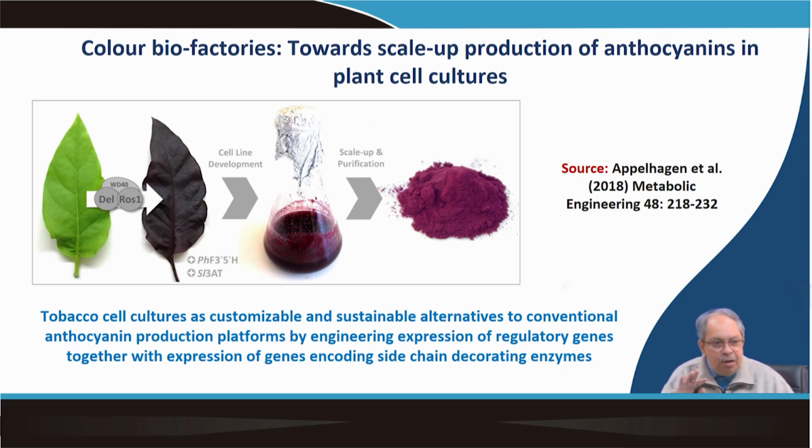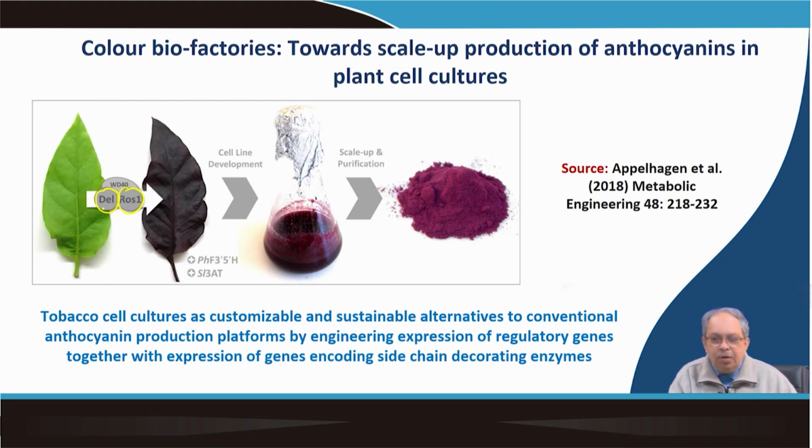Because it is very temporally and spatially regulated, and this regulation is controlled by transcription factors. So scientists took two such transcription factors from Arabidopsis, which are known to enhance anthocyanin, and these transcription factors are Del and Ros.